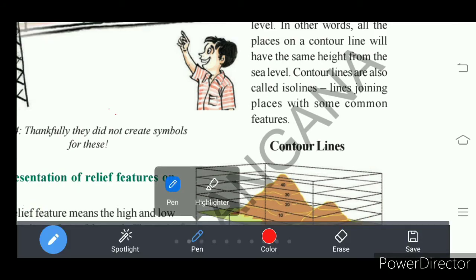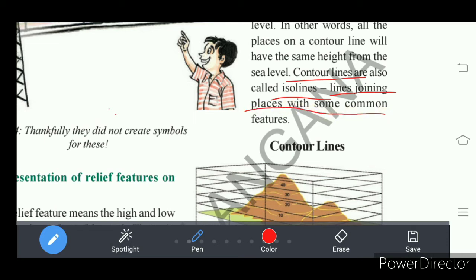These lines are also called isolines. What is another name for contour lines? Isolines. What are isolines? Lines joining the places with some common feature. What is the commonness? Height of the place.